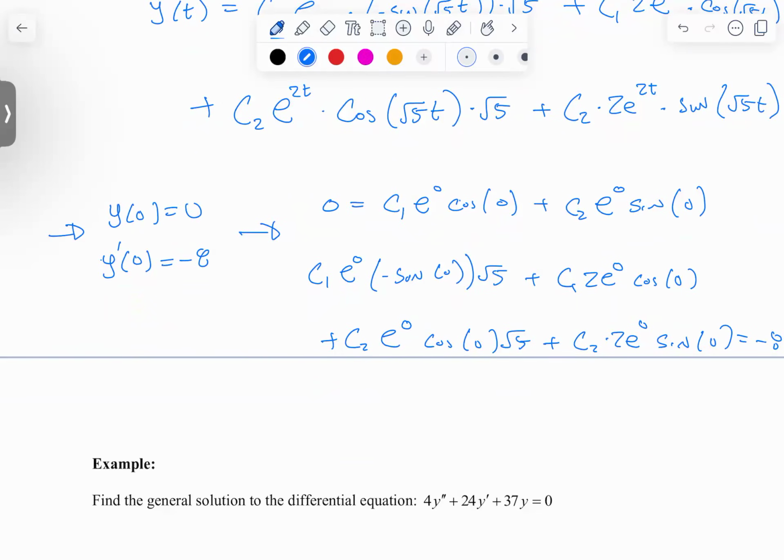Okay, sine is 0. So C1 should equal 0. That's 0, that's 1, and with some solving, we could get C2 equals negative 8 root 5.